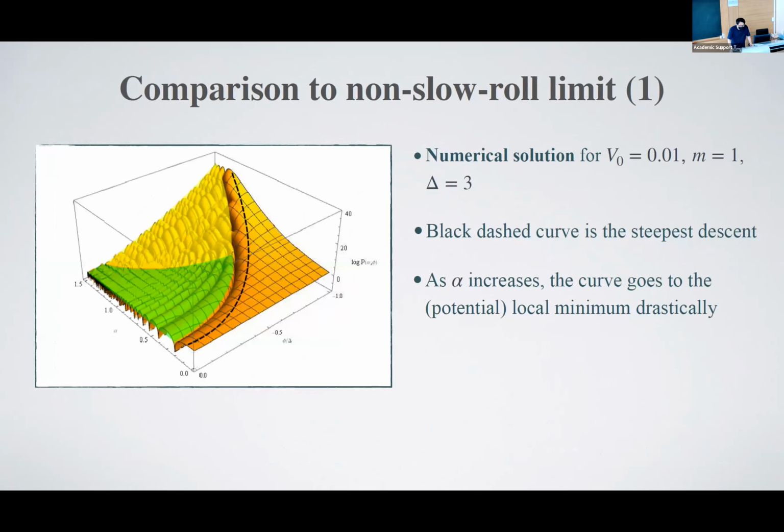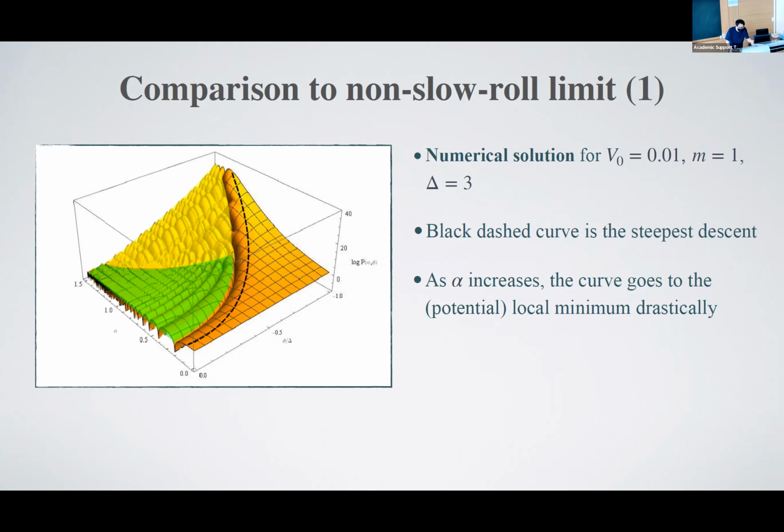So next, I'm going to talk about the non-slow-roll limit case. This plot is the numerical result for the non-slow-roll limit. We chose the parameters V0, M, and delta to satisfy the non-slow-roll limit case.